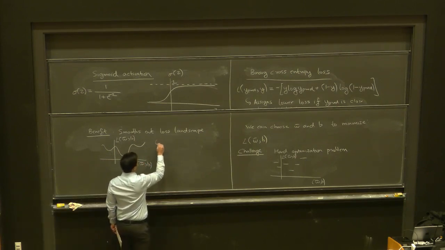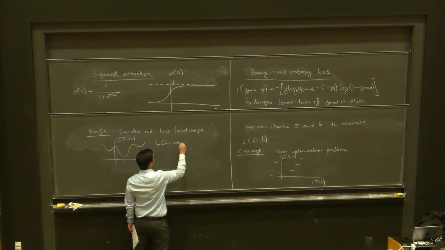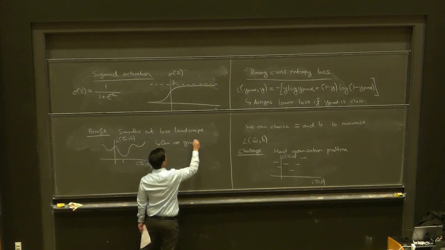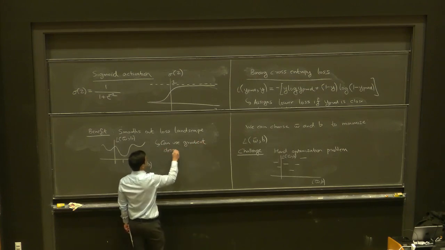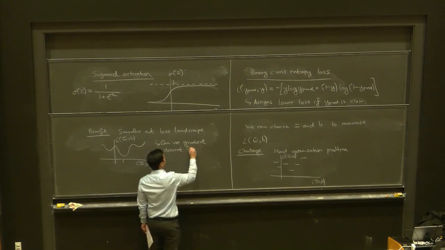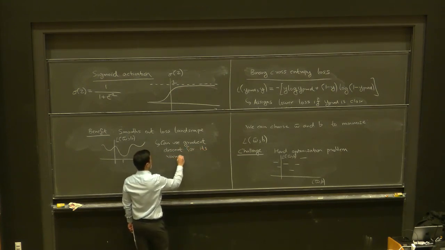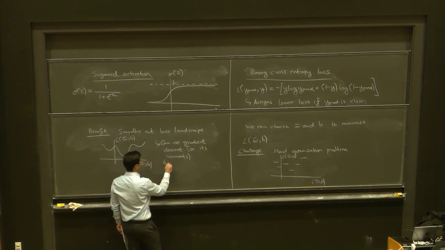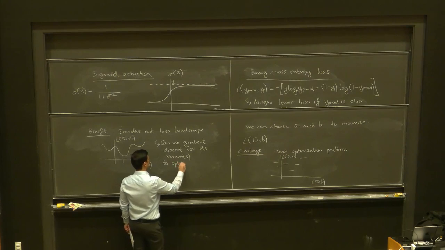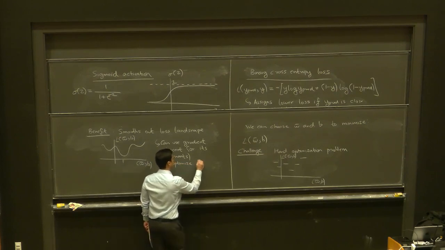What this means is that we can use gradient descent or its variants to optimize the training loss.